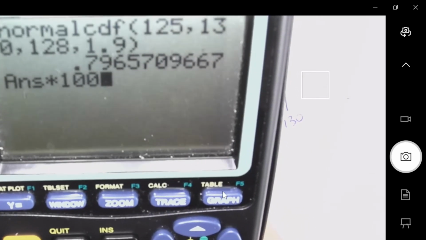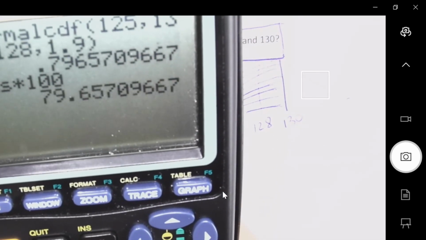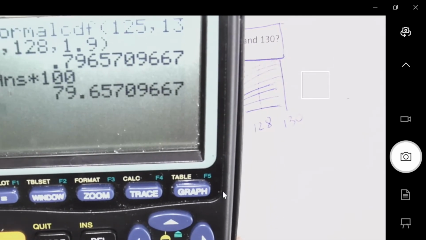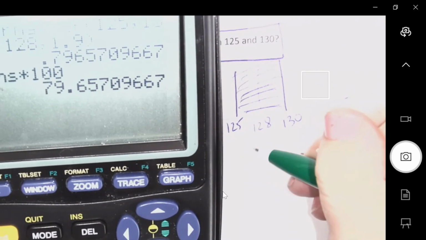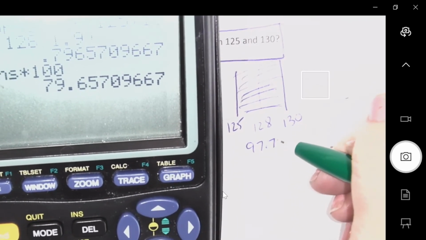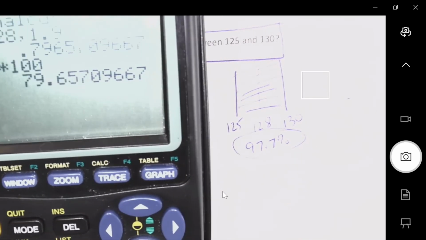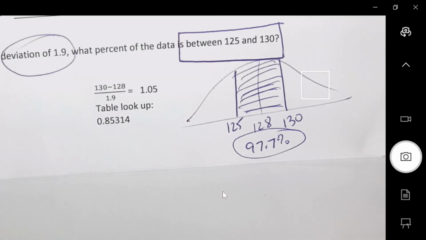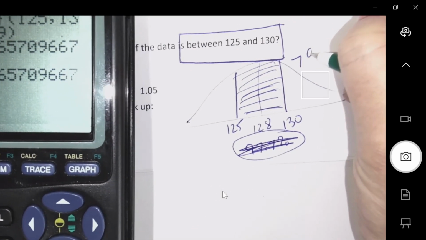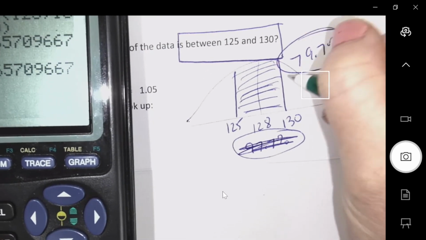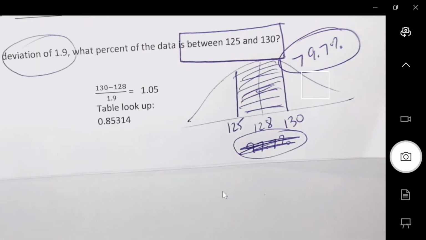And then I just times it by 100 as a percent thing. So 79.7% of the data. Whoops, I said it and wrote it differently. 79.7% of the data is between there.